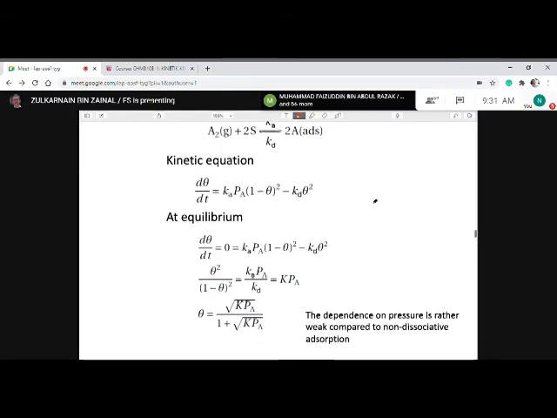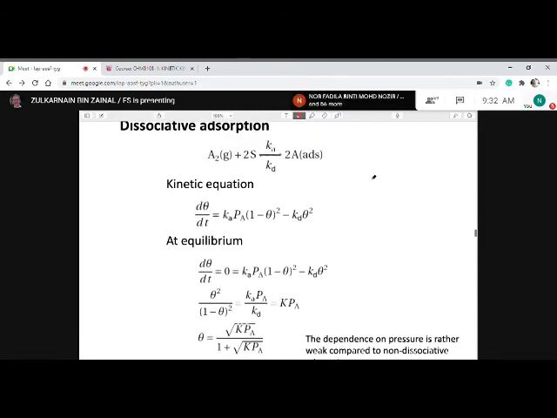So the kinetic equation that can be written for this type of process is written as d theta dt, because the process will depend on the rate of the surface coverage, right? You can see there are two processes here.